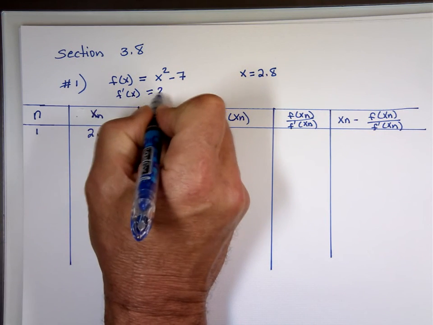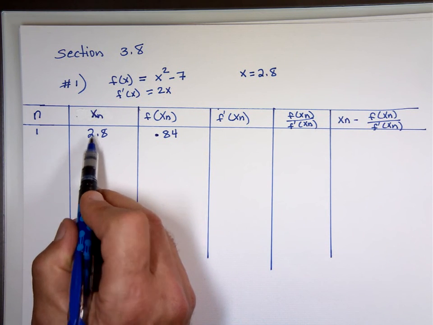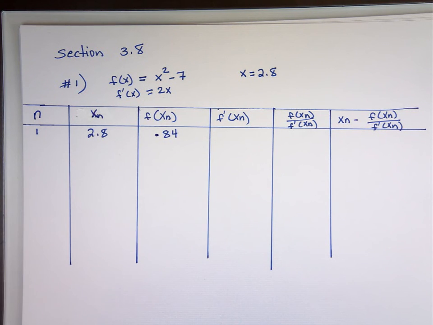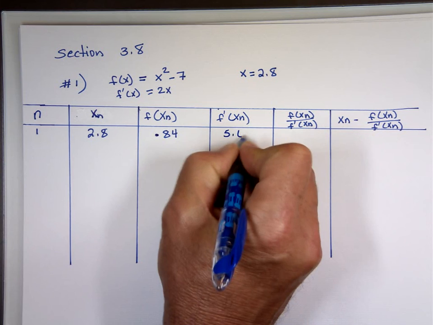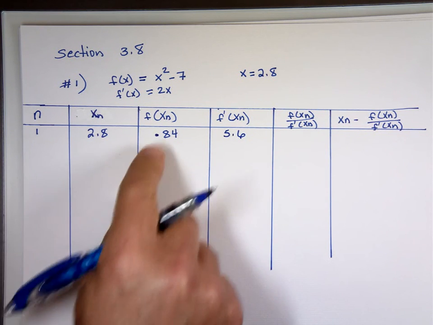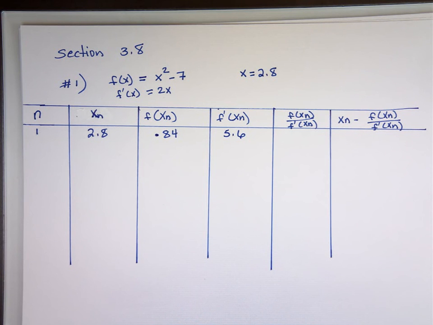What is the derivative at 2.8? That's 2 times 2.8, 5.6. Divide this by this, put the answer here. 0.15.